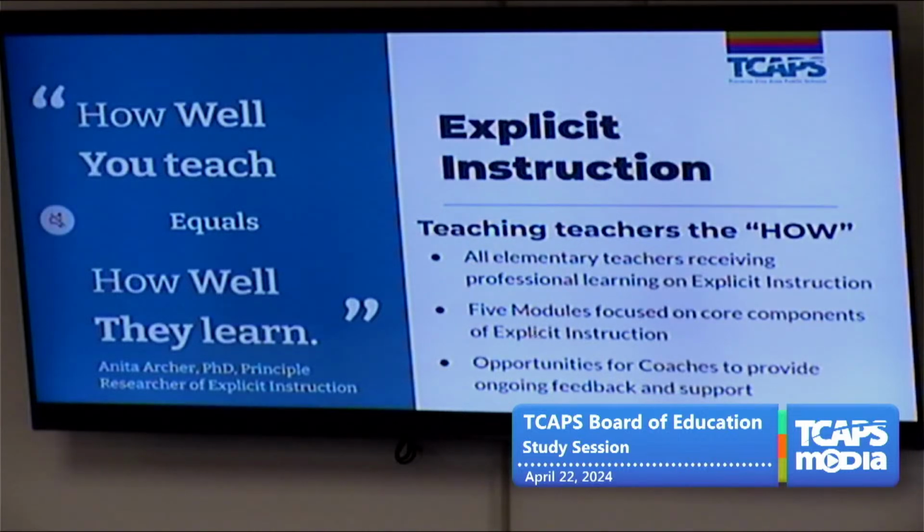And then because we have instructional coaches, which is an amazing thing to help improve Tier 1 instruction, the coaches had opportunities to provide feedback and support related to the implementation of explicit instruction. And that quote on the left really does summarize that fundamental idea that it is how well you teach.